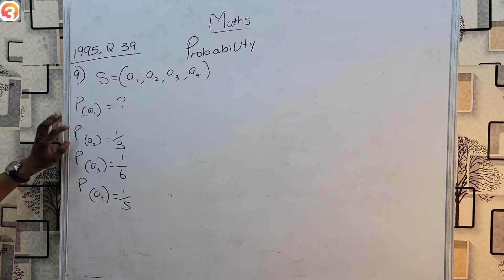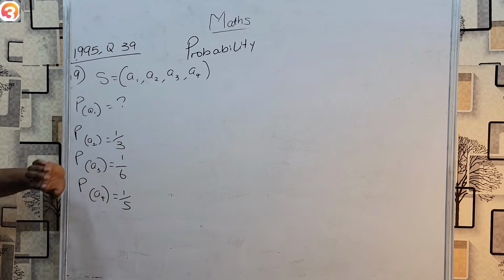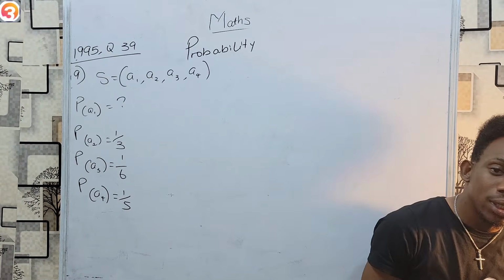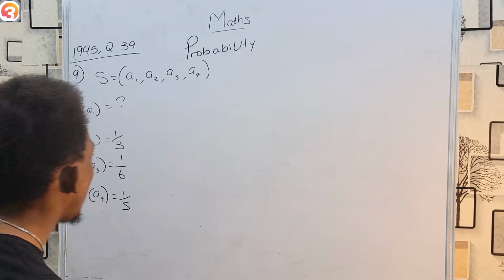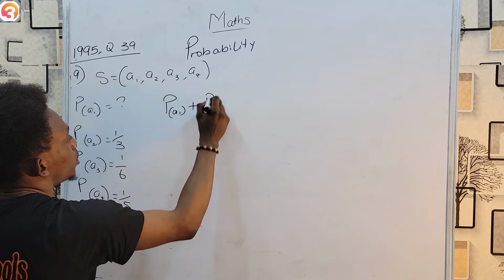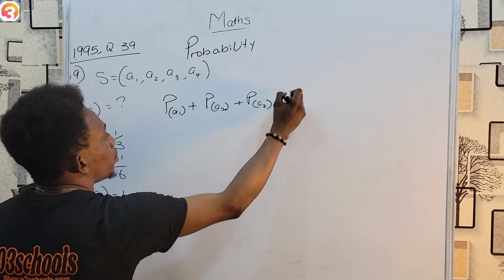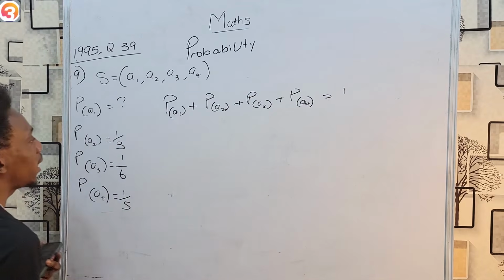So as a result, we know that probability of A2 is this, probability of A3 is this, probability of A4 is this. And find the probability of A1 being the event. Well, it's quite simple. Remember we said probability of you happening plus probability of you not happening is always equal to 1, which means that probability of A1 plus probability of A2 plus the probability of A3 plus the probability of A4 must be equal to 1.